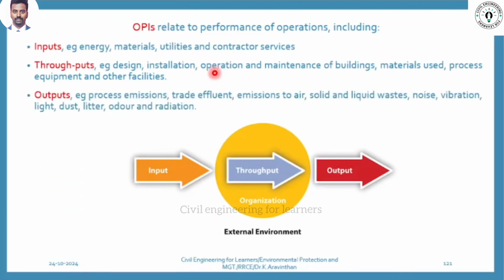This comes under operational. And output: after processing something, what are the things they emit? We consume air, so air pollution will be there. They consume water. Does any company need water or not? Yes, they need water, and then they pollute water. Even in your house, there are two pipes.